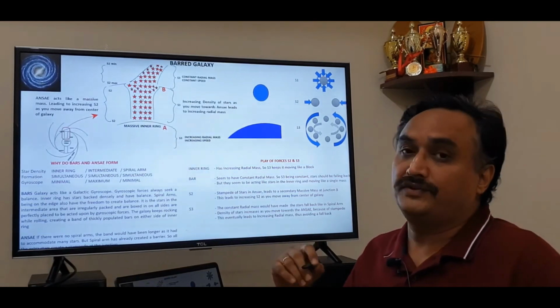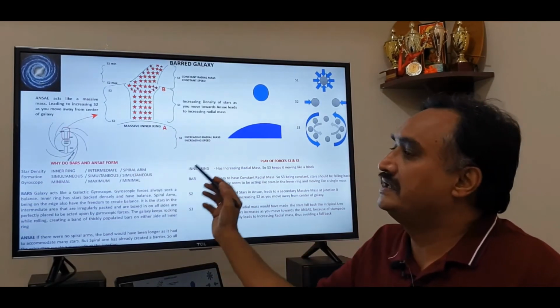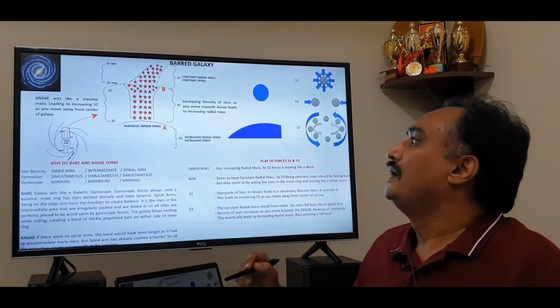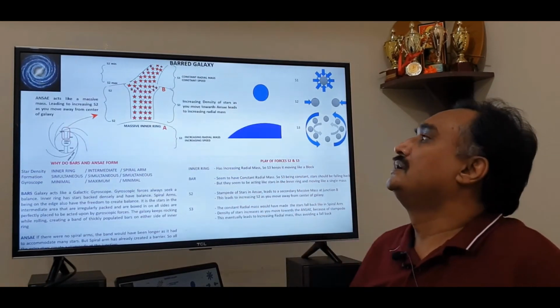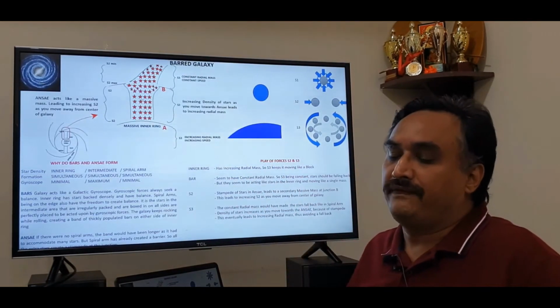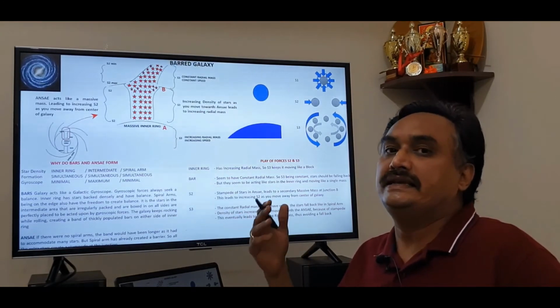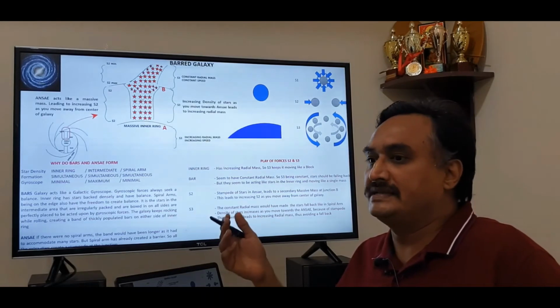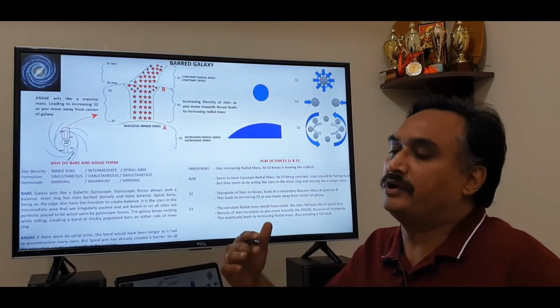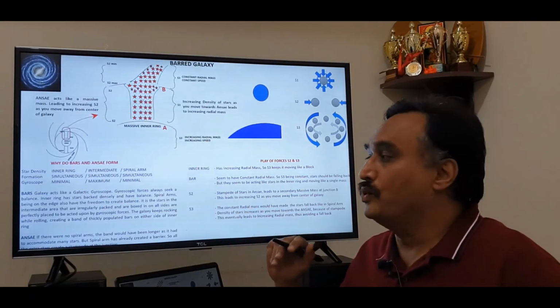So, the effect of gyroscopic forces on the massive inner ring is minimal, and on the spiral arms, the fact that they are on the edge means they can easily seek balance. Even if there is any imbalance, it can easily seek balance, because it has the freedom to move.